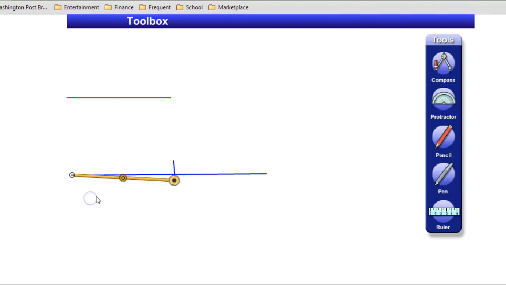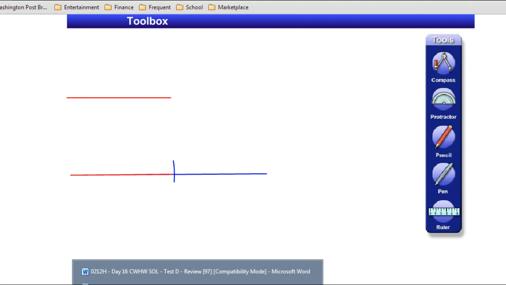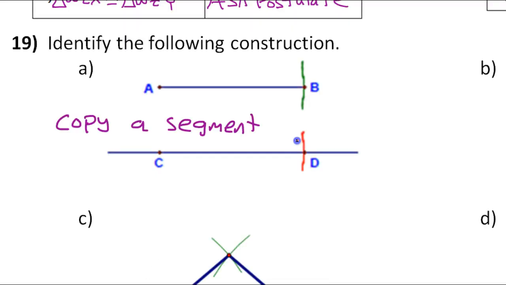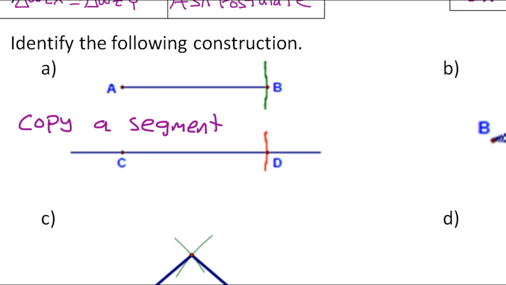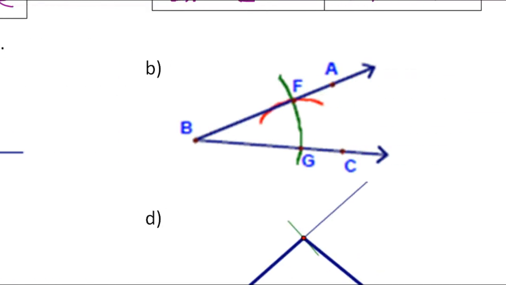Okay, and that shows me where to draw my new segment. Okay, so see this mark right here at the end of my new segment? That marking is what you're showing in this picture, when you look at these markings right here. So that's what they're talking about. So focus on those marks.